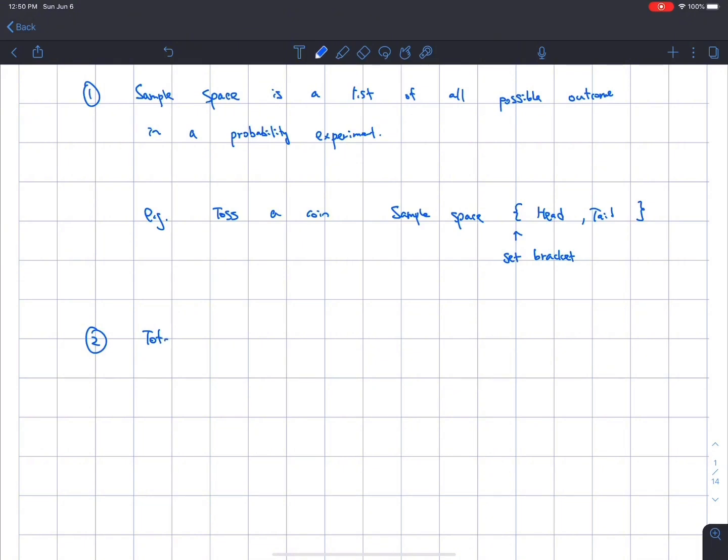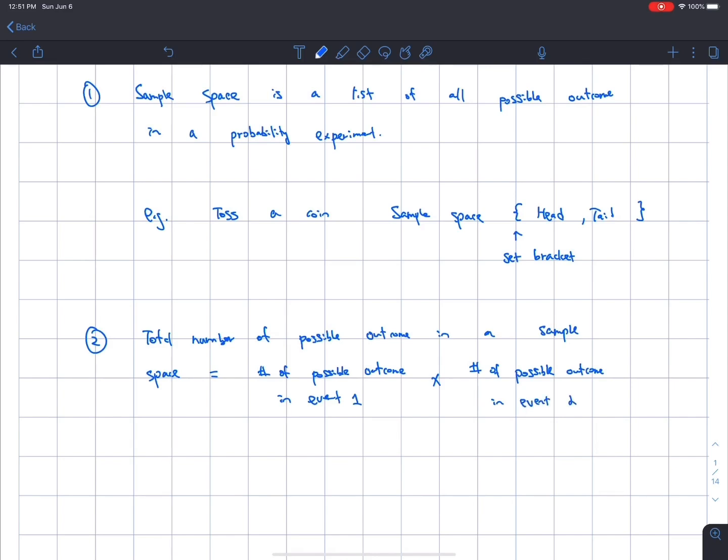The total number of possible outcomes in a sample space equals the number of possible outcomes in event 1, so event 1 could be just tossing a coin, times the number of possible outcomes in event 2. And then, you can just keep on going depending on how many events there are.